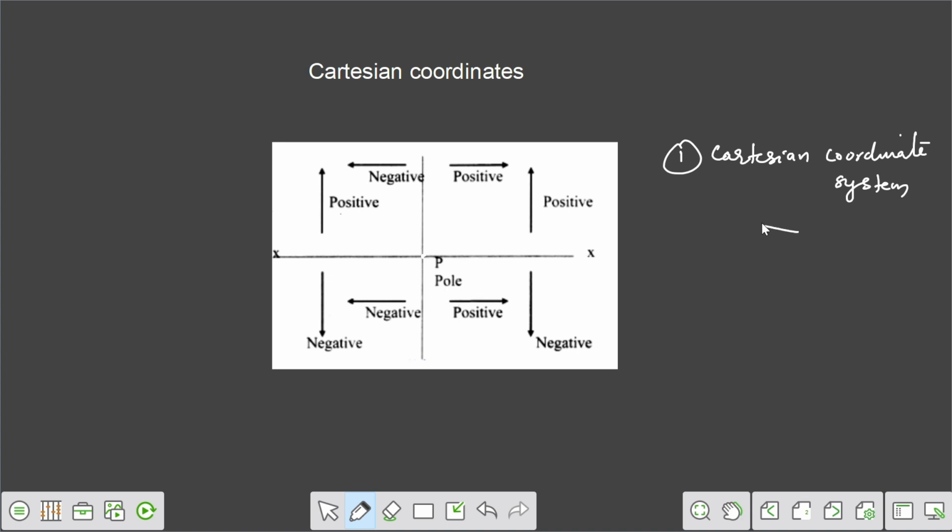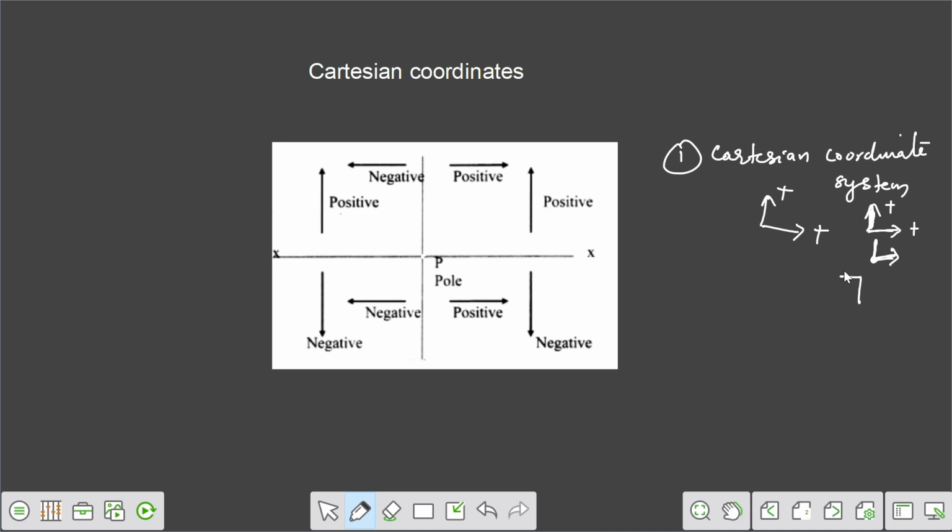Now, right and up, when you write L, right and up, both are positive. Distance which is measured to the right and distance which is measured above the axis, both are considered as plus. So just remember L. L is always plus. This is your origin.